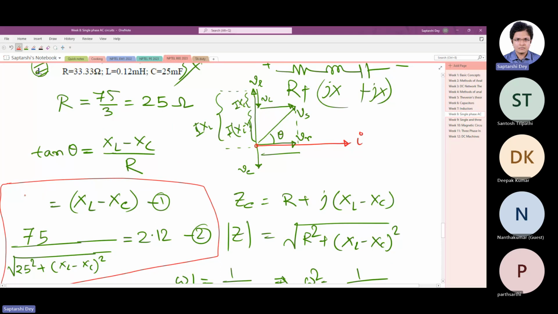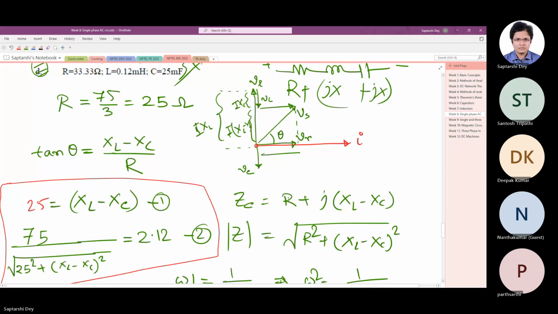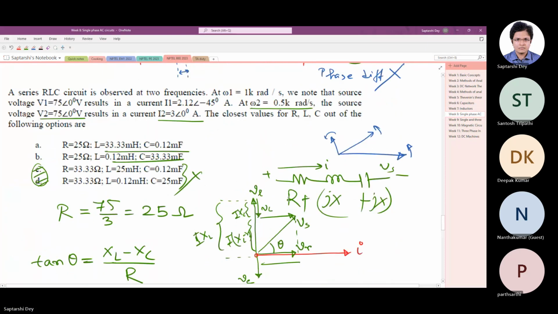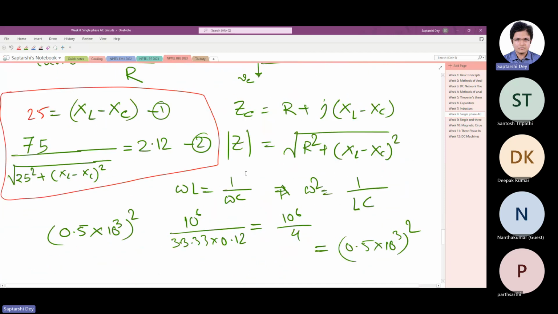This is not 1, this is 25. How can we somehow eliminate? Okay, so basically these two equations are actually the same. You cannot solve from here.